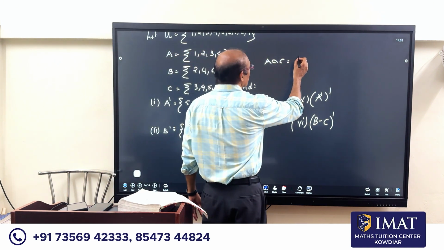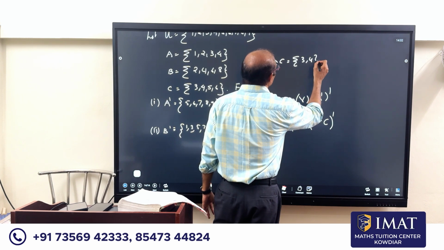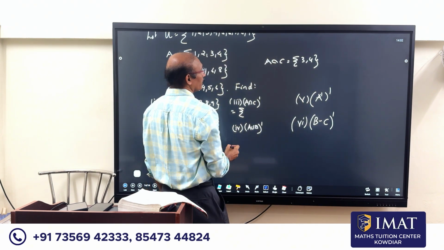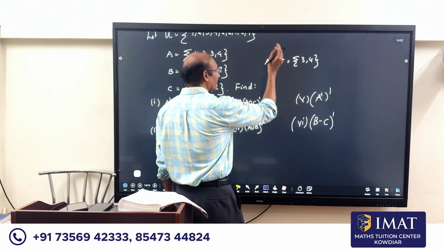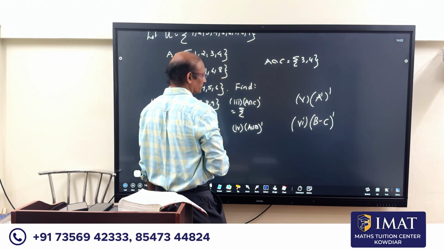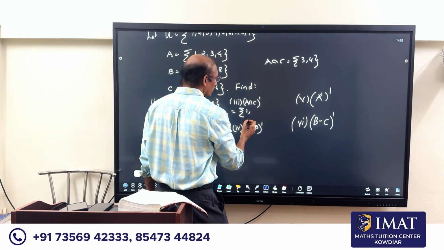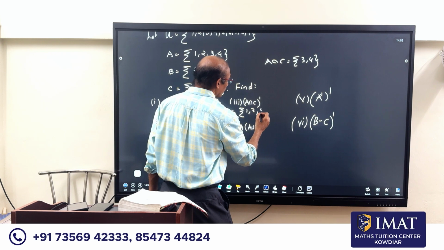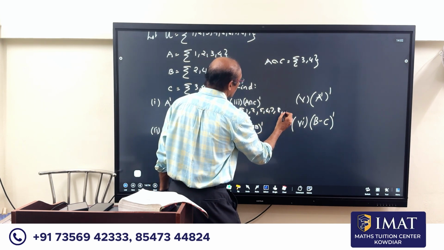So set 3, 4. Now let us define what is A intersection C complement. Means elements that are in the universal set but not in A intersection C. Which means 1, 2 not taken, 3 not taken, 4 not taken. So 5, 6, 7, 8 and 9.